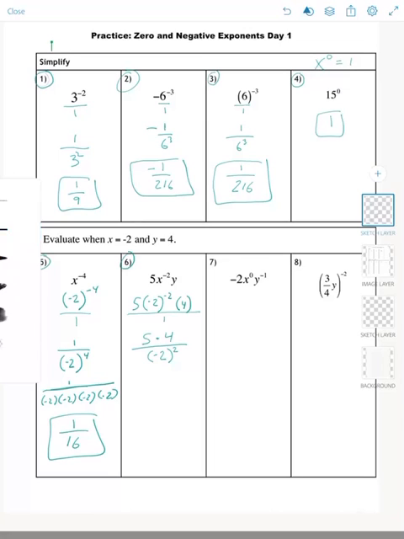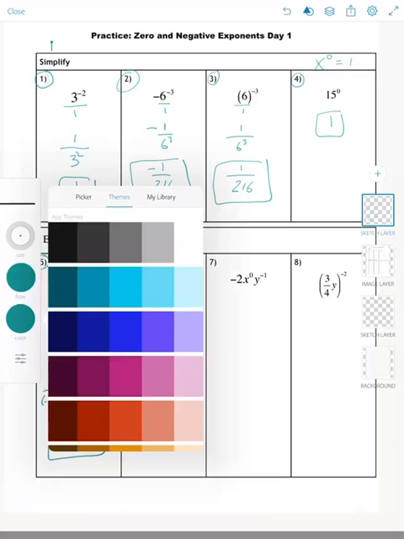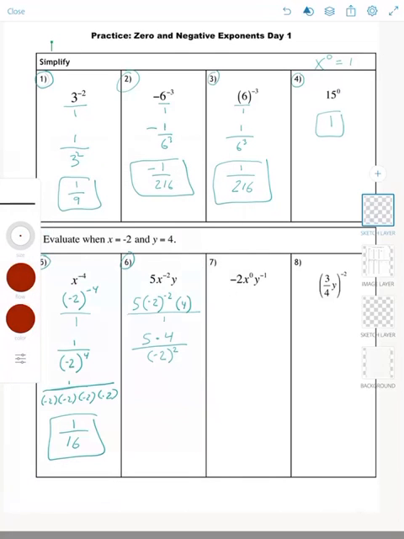So this right here went to the bottom. Now, on the top, 5 times 4 is 20. On the bottom, negative 2 squared is negative 2 times negative 2, which is positive 4. 20 divided by 4 equals 5.